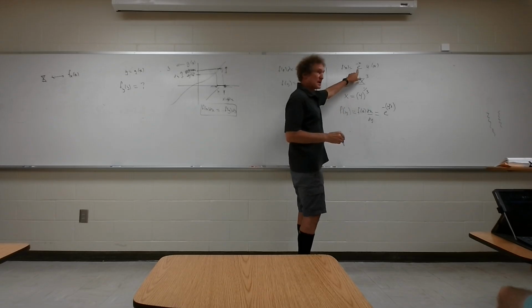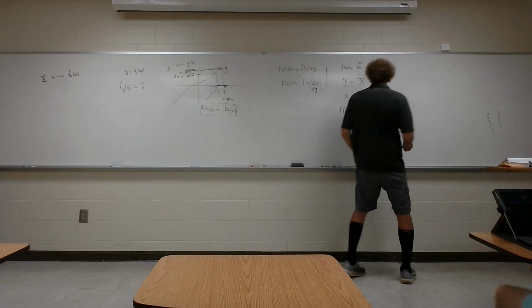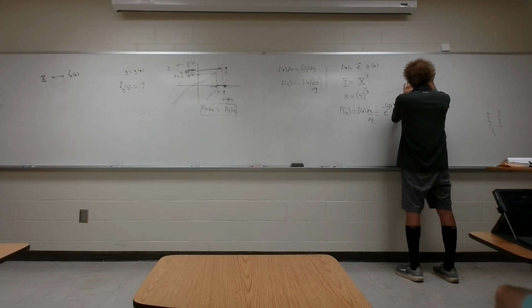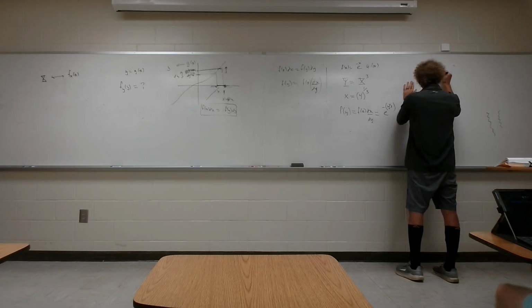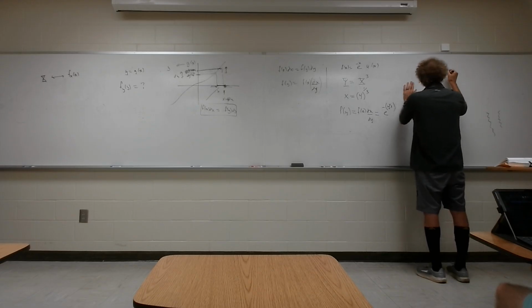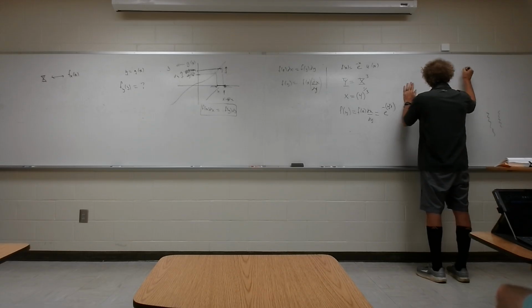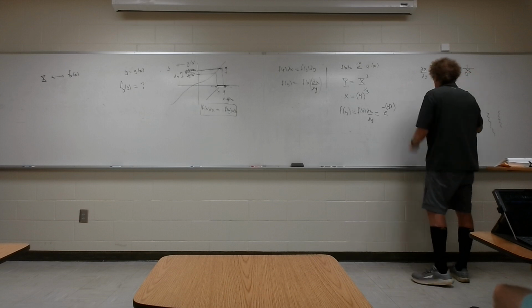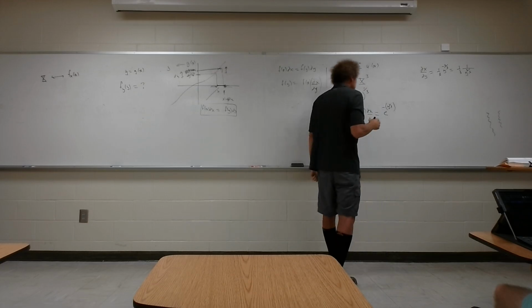So I've replaced the x there by y to the 1/3 power. It's the only thing that I'm doing right there. Then I have to take the derivative of x with respect to y. The derivative of that x with respect to y is going to be 1/3 y to the minus 2/3, or 1 over y to the 2/3 power is another way of writing it. Do you agree with that, class?